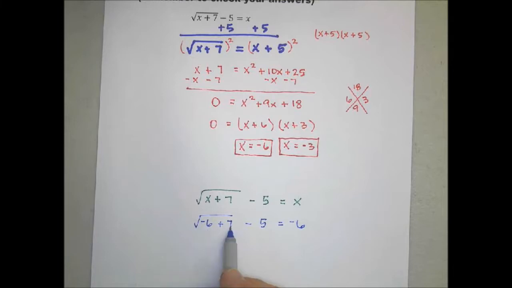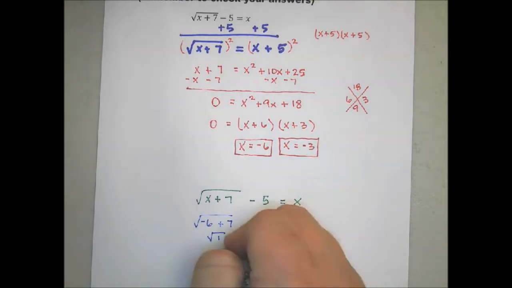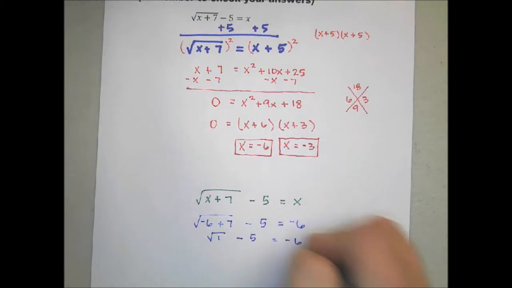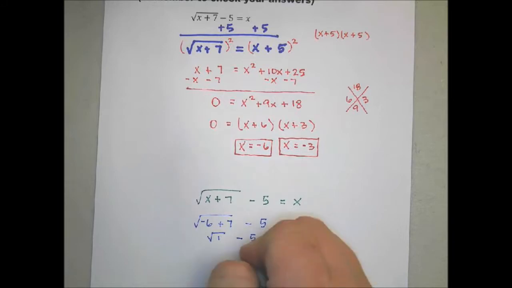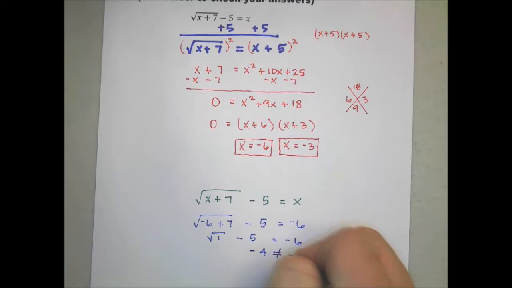Now, negative 6 plus 7 is 1, so that would be the square root of 1 minus 5 equals negative 6. Now the square root of 1 is 1. 1 minus 5 is negative 4. Negative 4 does not equal negative 6.